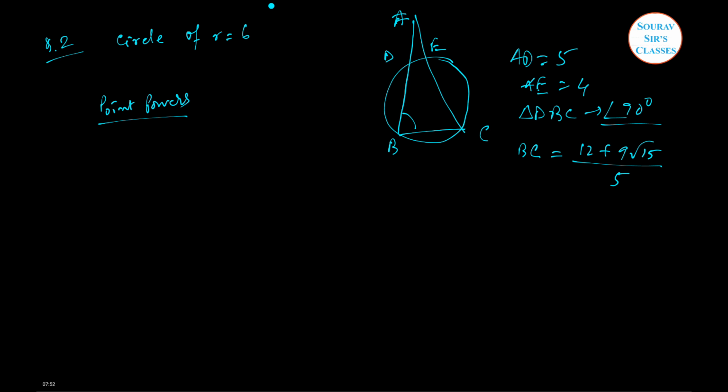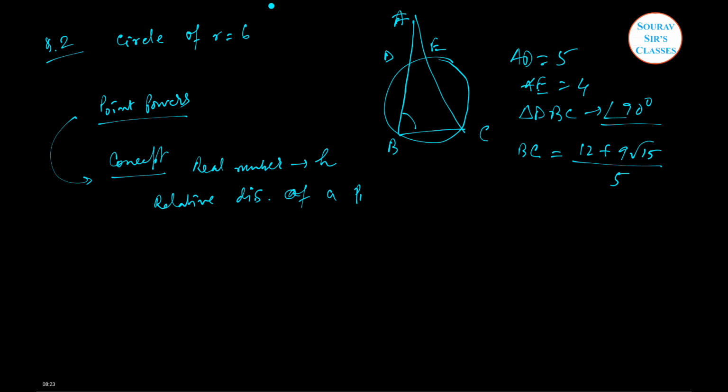Let me explain this to you. What is this concept all about? For example, in basic geometry, it's a real number h that reflects the relative distance of a given point from a given circle.